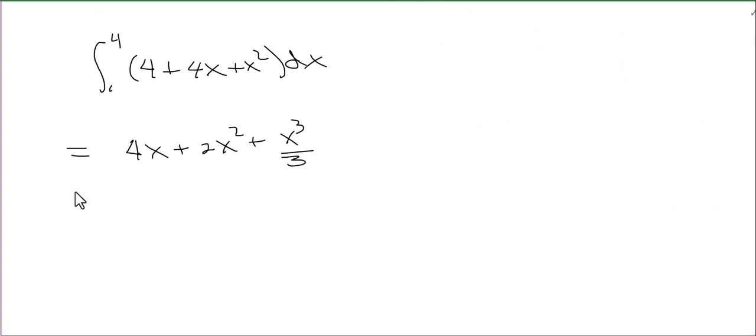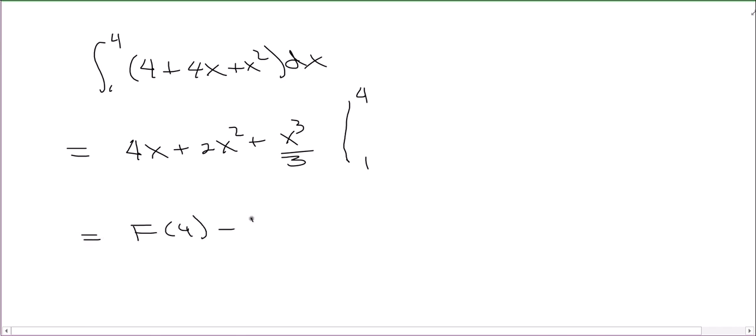And so now let's plug in the a and the b, which is your 1 and your 4, starting with the 4 first, right? So when you do F of 4 minus F of 1, that's what this notation means.